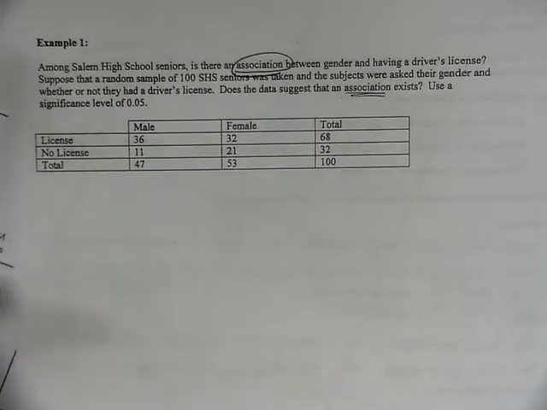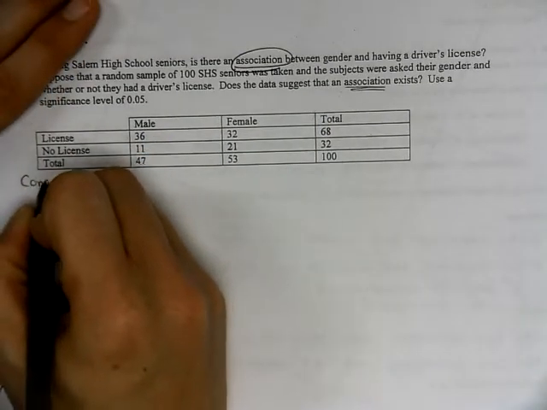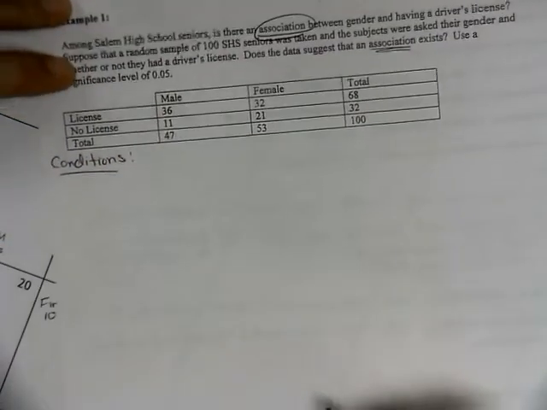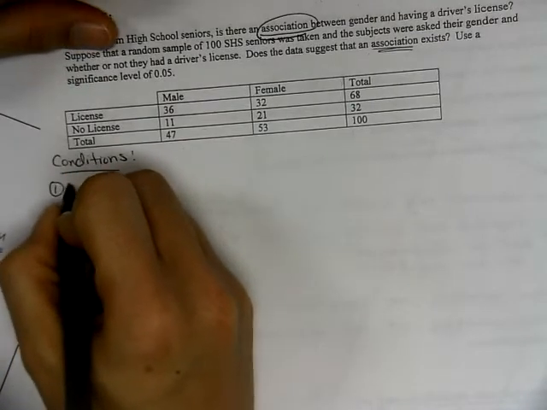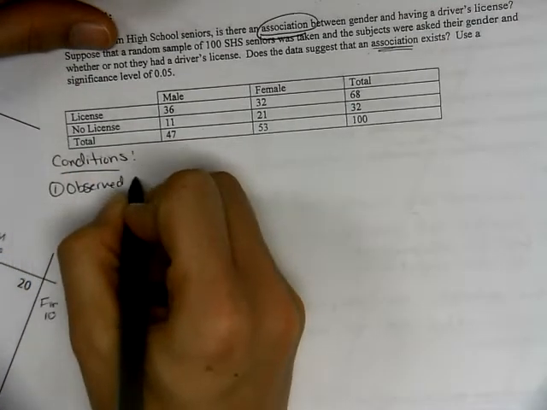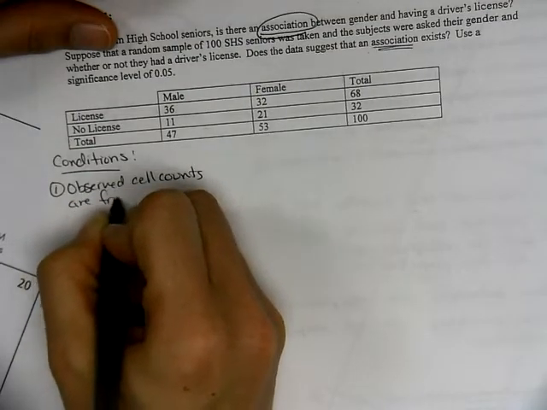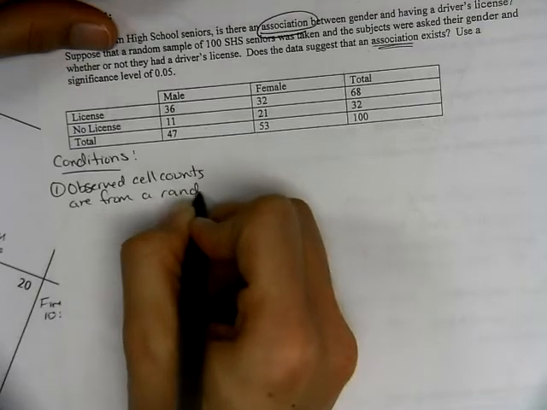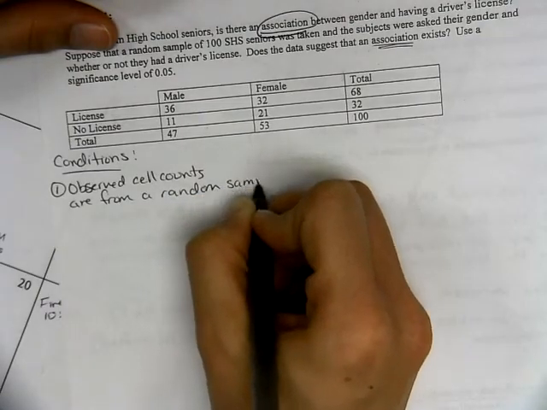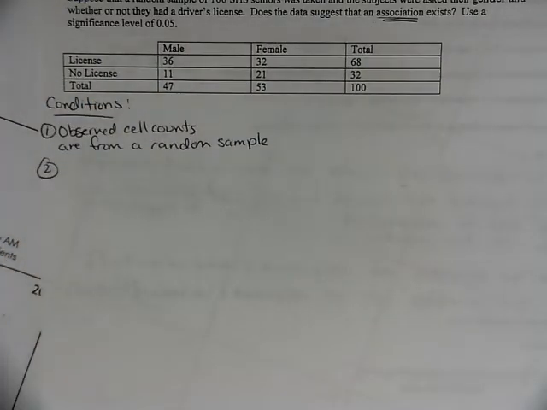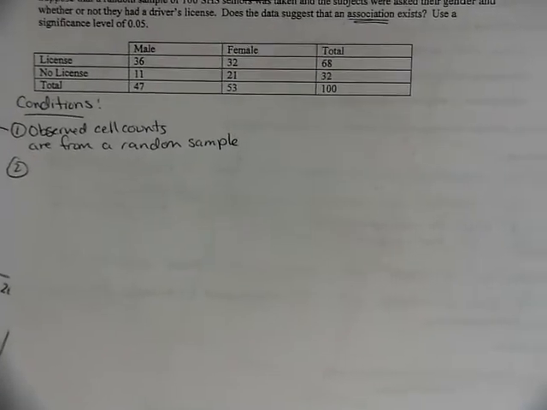Okay. So, for our conditions, it was a random sample. So observed cell counts from a random sample. Now, again, we're going to assume all the expected cell counts are greater than 5, and then we'll do the expected in a minute.